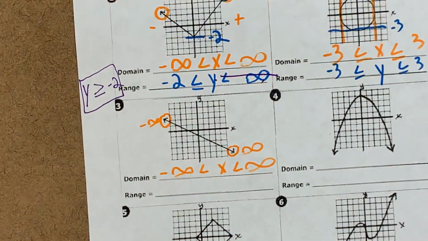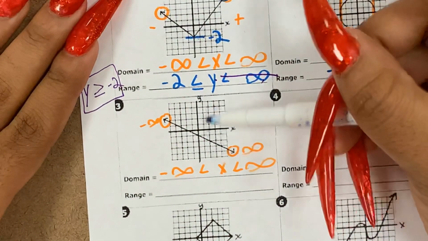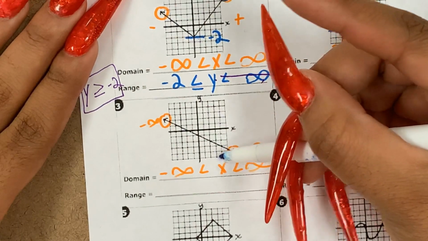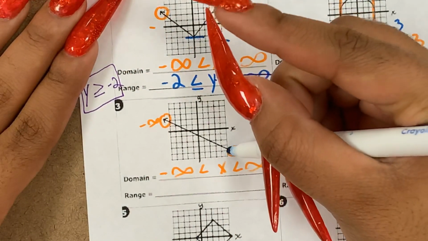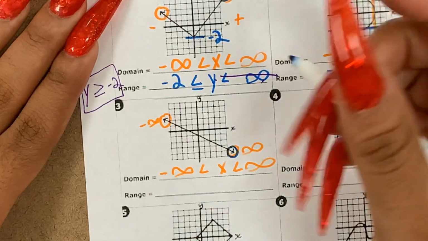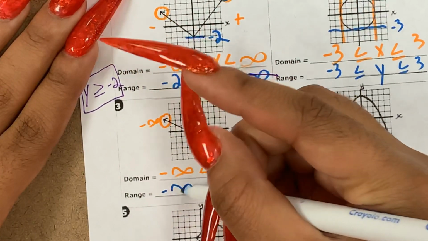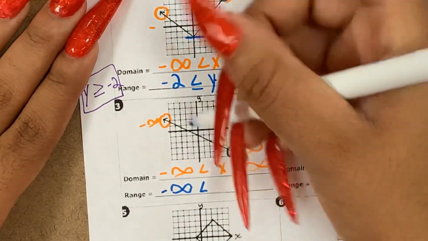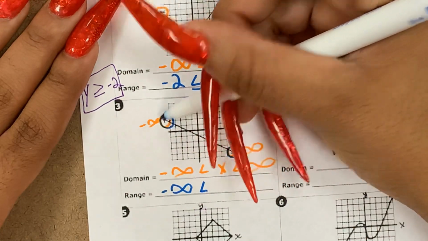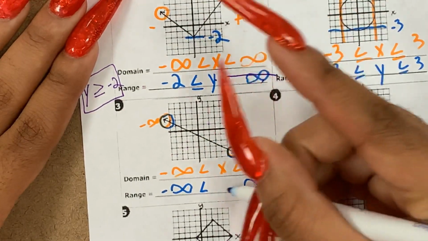Our highest x value is positive infinity. Range, bottom to top. So the lowest point on this line, there's an arrow. So that's going to be negative infinity. The highest y value, there's another arrow. So that means positive infinity.